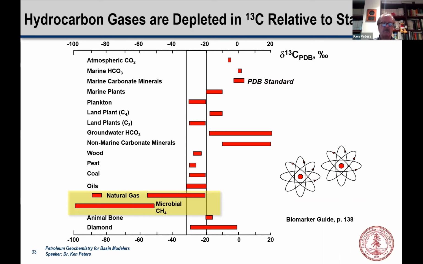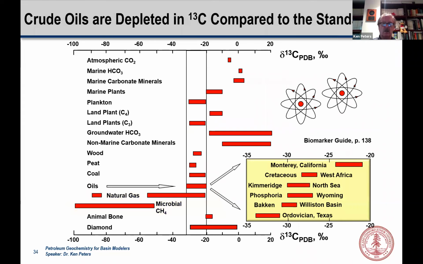methanogens make methane. So let's look at oils now. This is a blow up of that, and we can measure isotope values plus or minus 0.1 part per thousand, or PDB. And here are some examples of isotope compositions of crude oils from around the world. You can see there actually is a temporal trend here.